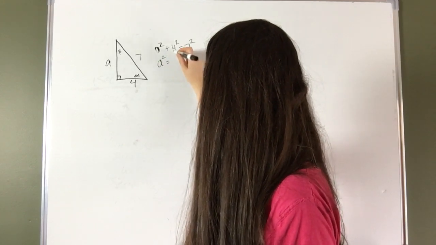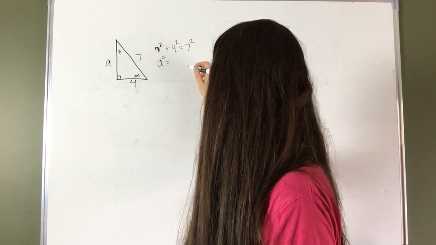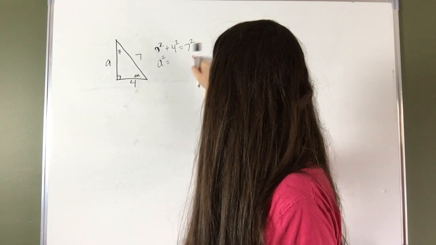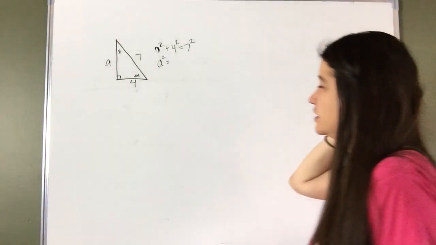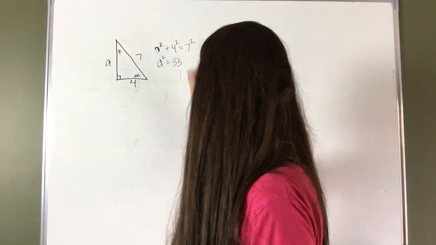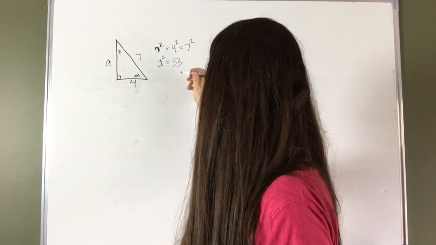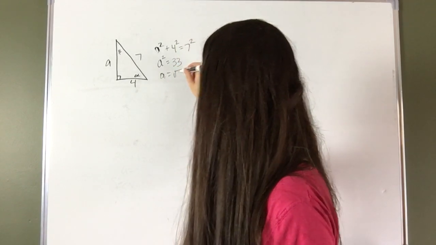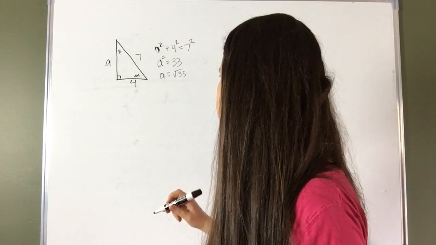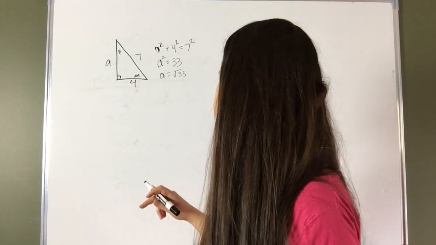A squared has to equal 49 minus 16. It's what, 33? And then take the square root. So you get the square root of 33 for A, right?